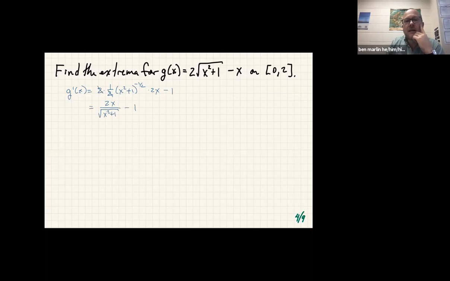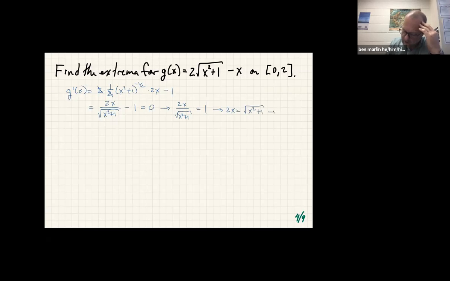Now, this cannot have a division by 0 error because x squared plus 1 will always be positive. So the only place that this can be a critical point is if this is equal to 0. Since it's not just one big fraction, we can't just set the top equal to 0. So we'll set this equal to 0 and then transfer the 1 across. We can then cross multiply and get that 2x needs to be equal to the square root of x squared plus 1.